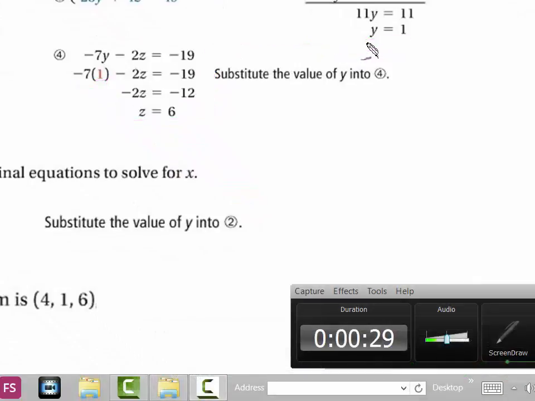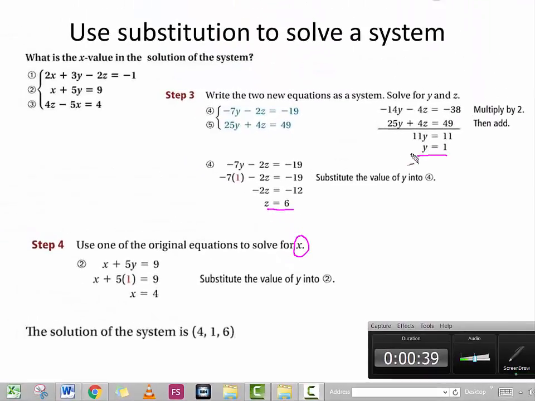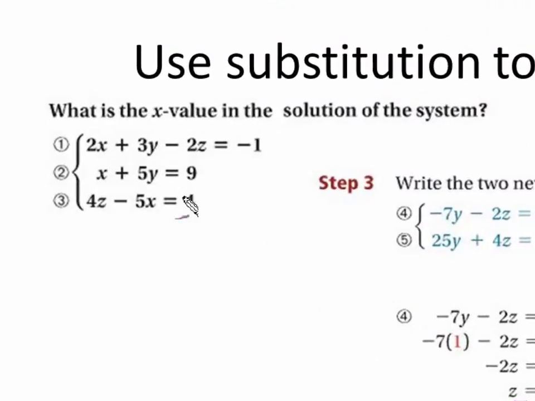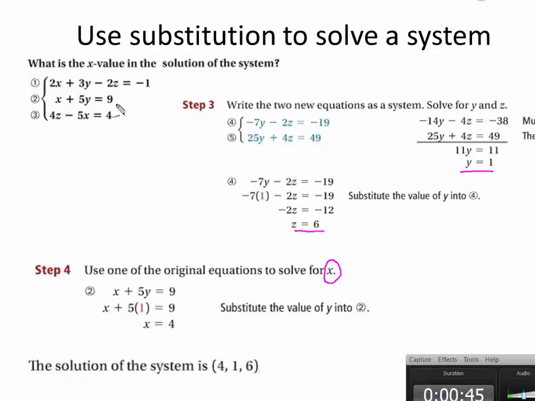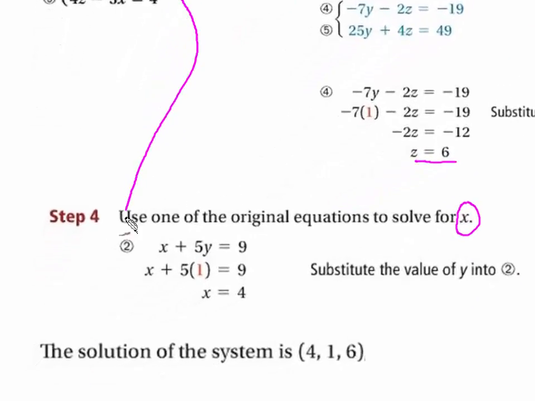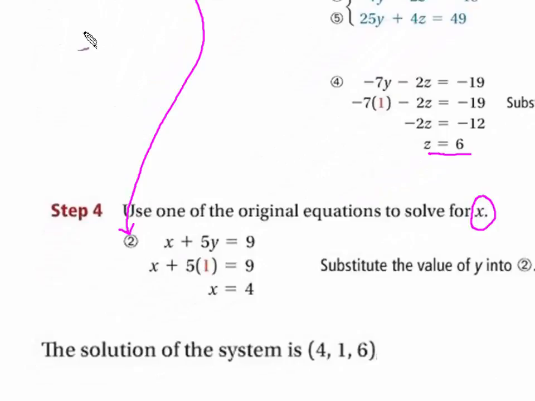So we finished finding the values of y and z. The last variable that we have to solve for is x. Right now, since we know z and y already, we can just use any of these equations to solve for x. Of course, I try to find a simple one, which is 2, because there are only 2 variables in this particular equation.